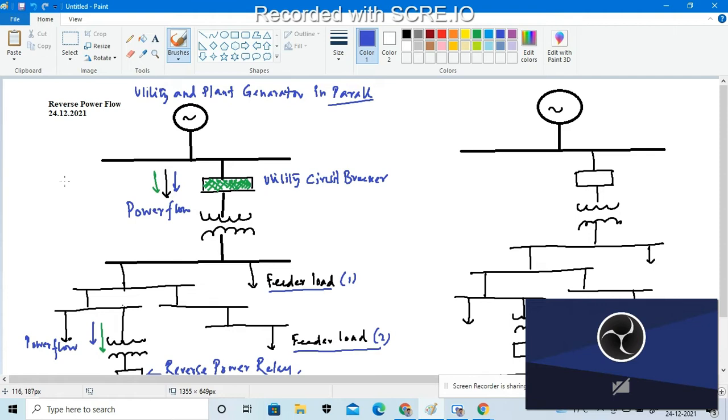Okay, so isolation of a grid and reversal of power flow.